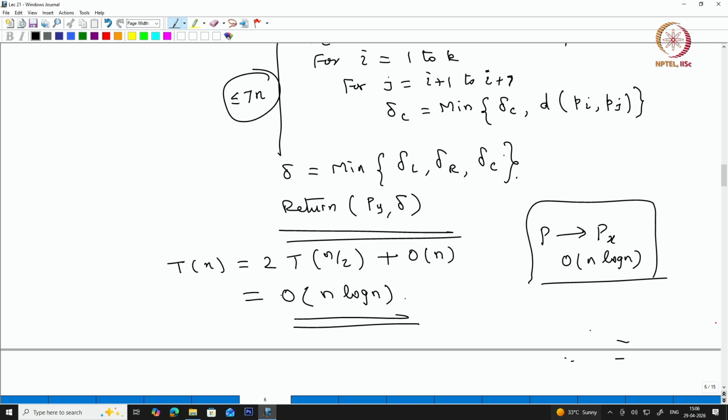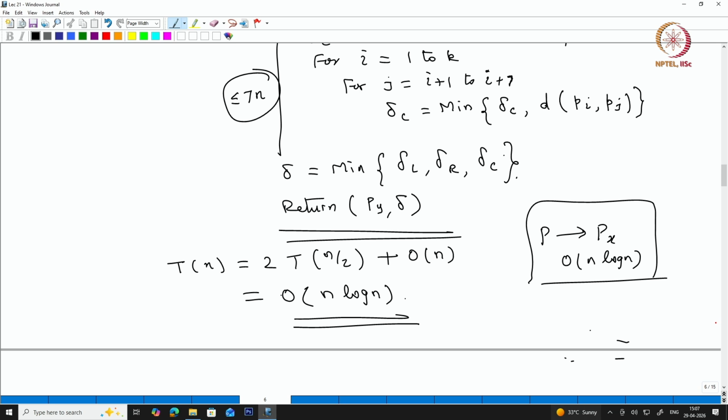Therefore, you can see that more for less is such a powerful idea that it is leading to very efficient algorithms. The same divide and conquer idea can be made a lot more efficient, and that is the major advantage here.